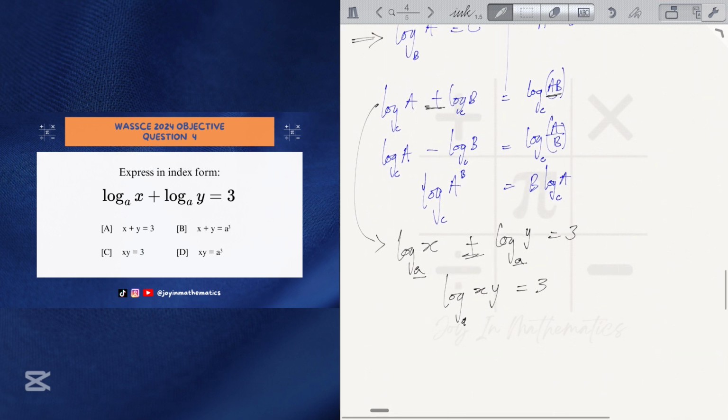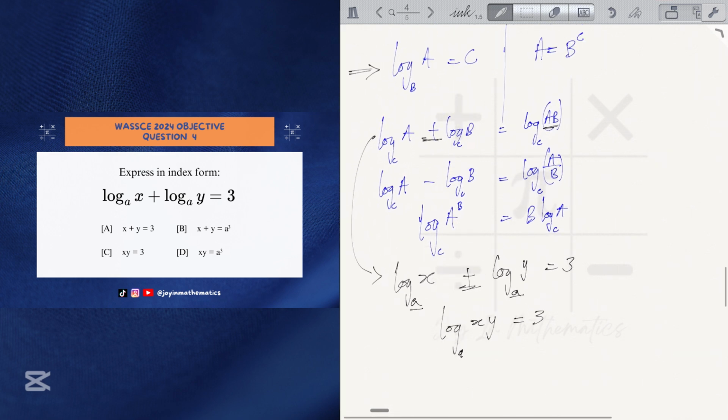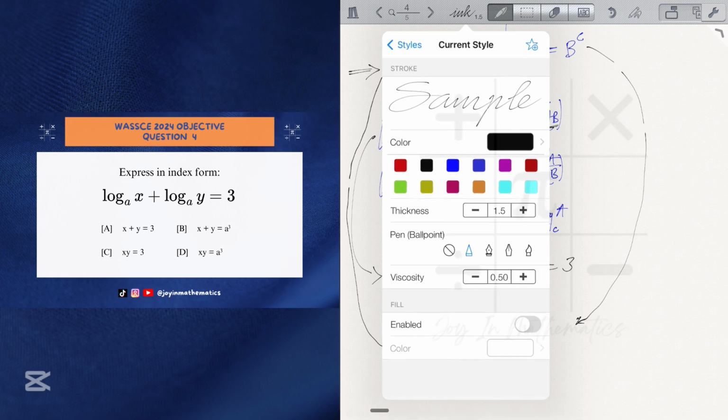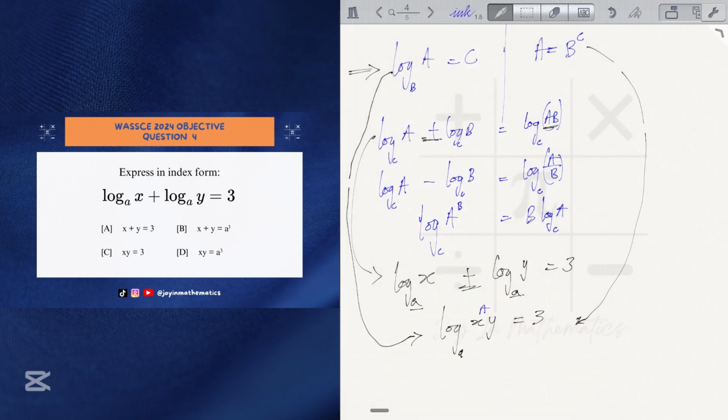Now we want to apply the conversion, where if you have log a to base b equals c, therefore a equals b raised to the power of c. So in this case, we tag xy as our a, we call our base a here to be b, and this 3 to be c.